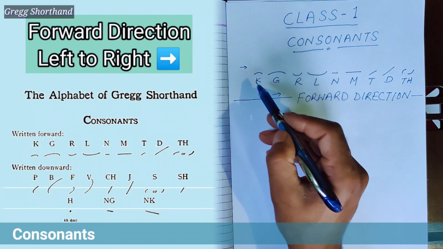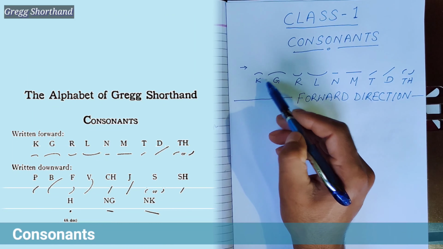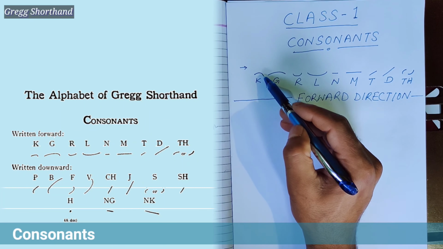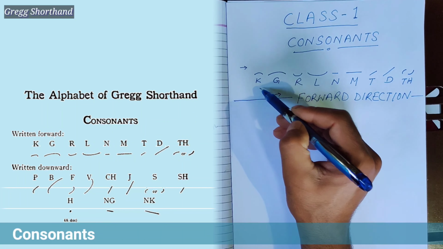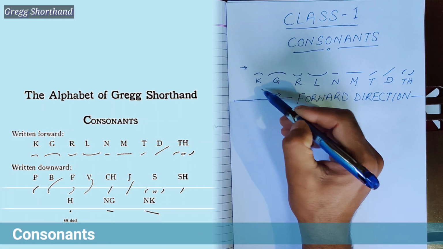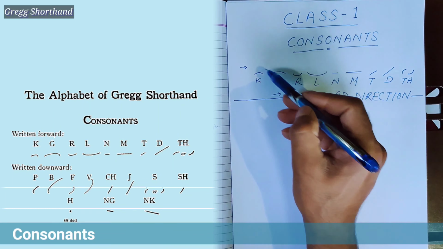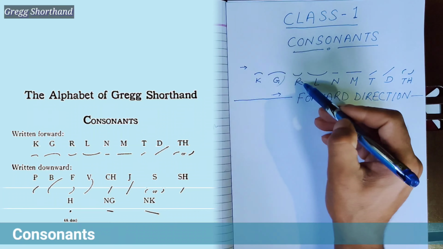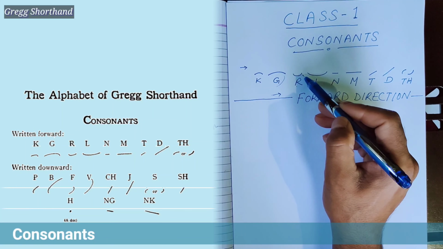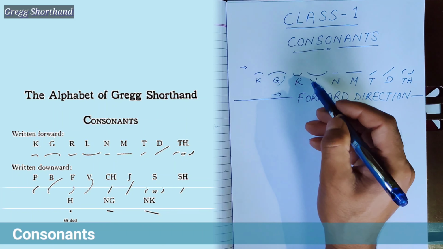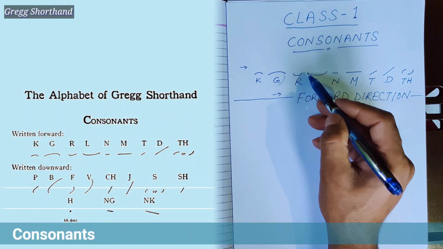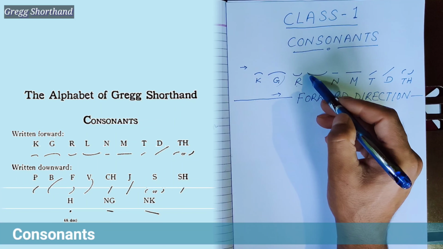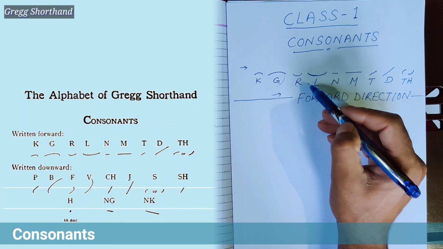Again, this is K, this is gay, a little longer than the K character. We'll make a group of these characters, so I'm writing them next to each other. R and L are similar to each other, just as K and gay are. We'll just emphasize the length here.